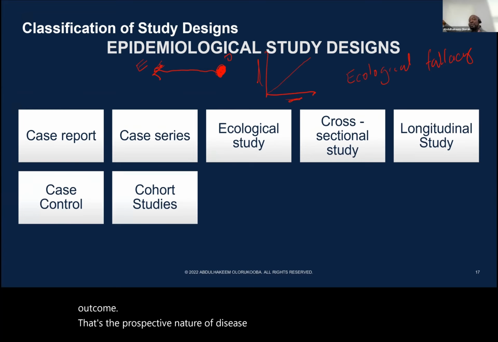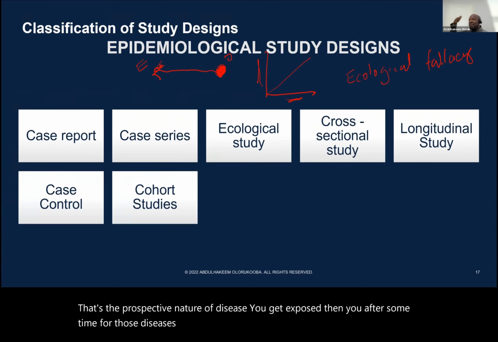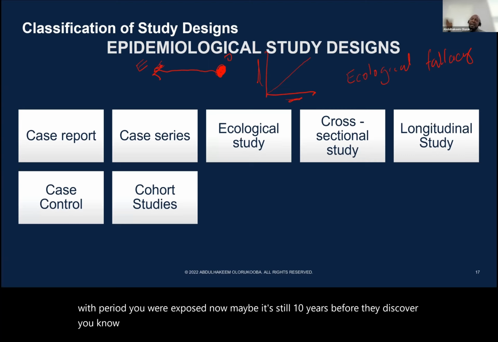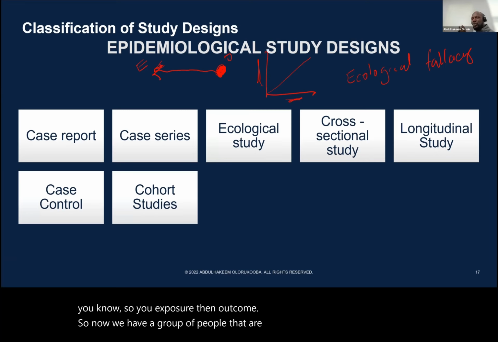You get exposed, then after some time, for those diseases like cancers that have a long latency period, you'll be exposed now, maybe it's still 10 years before they discover. So you have exposure, then outcome. So now we have a group of people that are exposed, but we need some control.